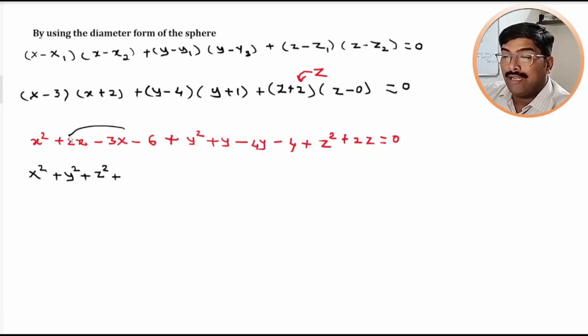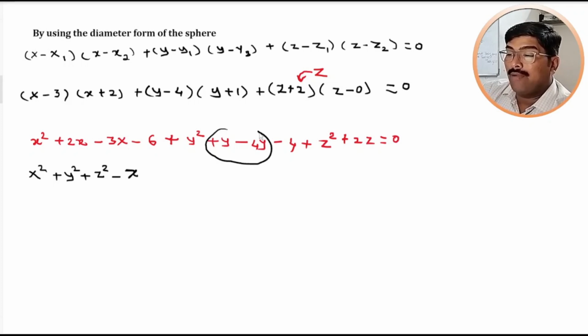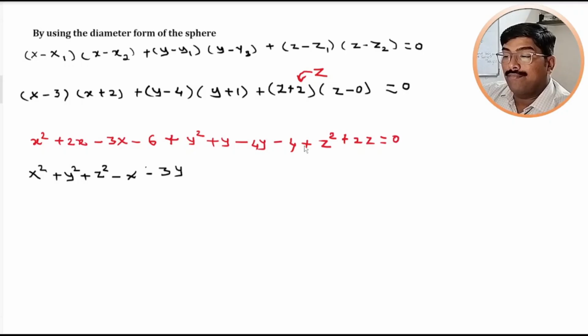The terms containing x are 2x and minus 3x, and 2x and minus 3x is equal to minus x. The terms containing y are plus y and minus 4y, which is equal to minus 3y, and the term containing z is only plus 2z.